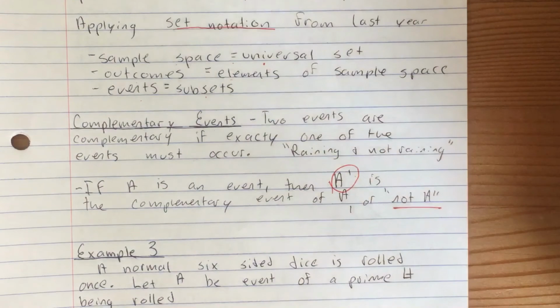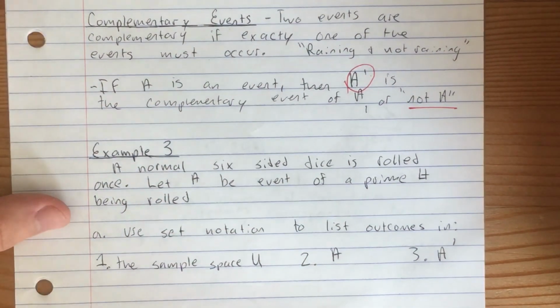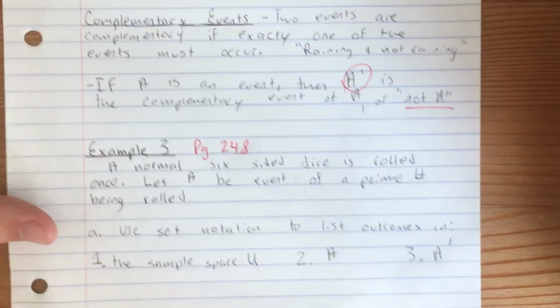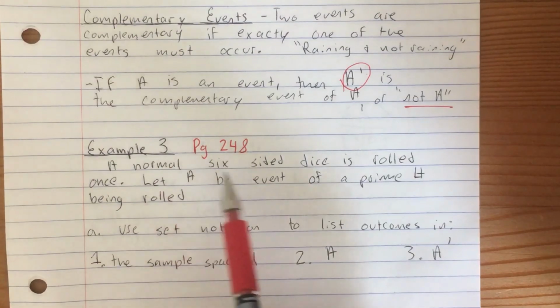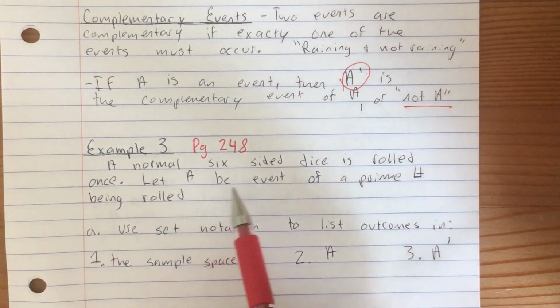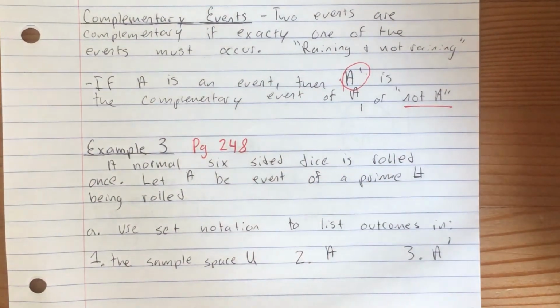And so what we're going to do is stop and look at another example. So this is example 3 on page 248 of that red book. We're going to take a normal 6-sided dice and roll it. And we're going to let A be the event of a prime number being rolled. And so using set notation, we're going to list these outcomes.